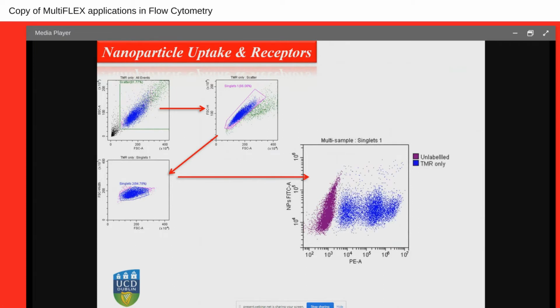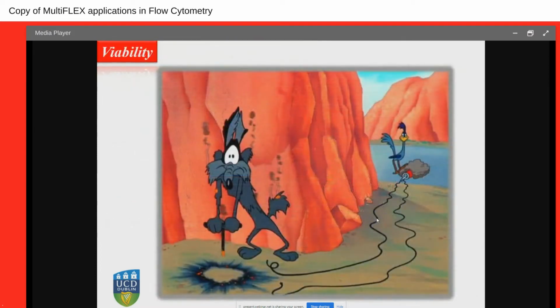And you can see, as I showed you before, we have the negative, and then we have the 3 different levels of emission. And now we put the nanoparticles. This is my control without the marker for the receptor. What if we put the nanoparticles and the receptor? We can see that they are exactly in the right place where we expected to see. So the resolution on the CytoFLEX is fantastic.